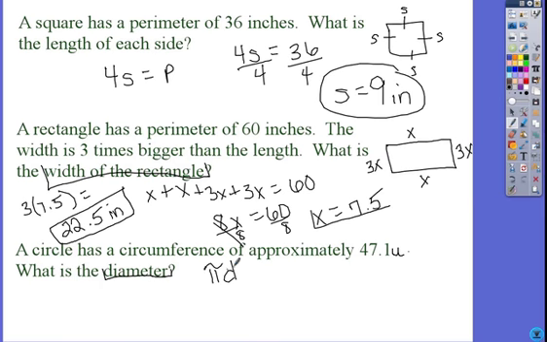So I know that the circumference is 47.1. So all I need to do is divide both sides by pi, which again we're approximating pi as being 3.14. And when I do 47.1 divided by 3.14, I end up with a diameter of 15 units.